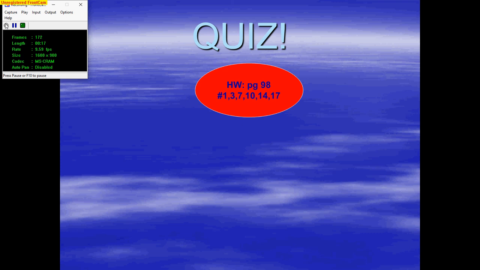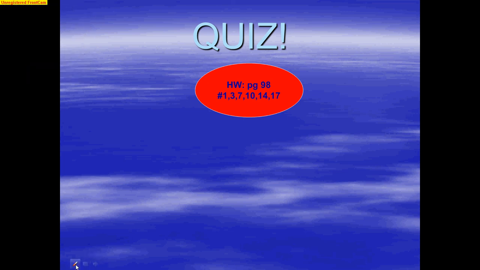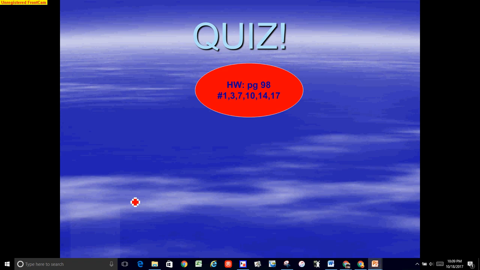Anyway, you have finished your quiz. Congratulations. Please write down these problems for homework tonight. They are a bunch of word problems, which we will call from now on modeling problems.